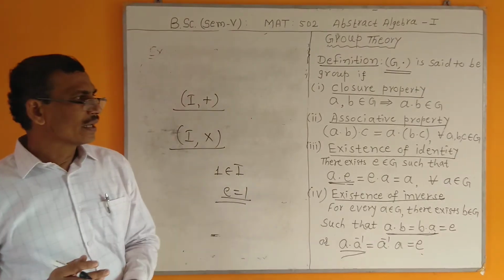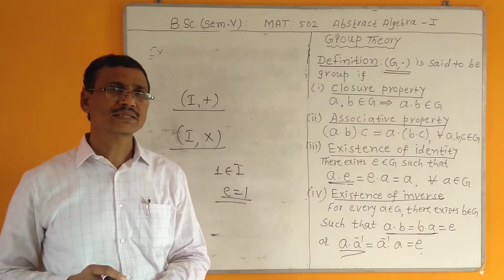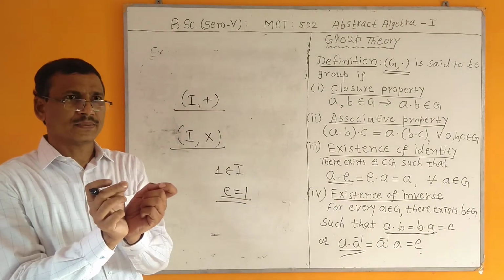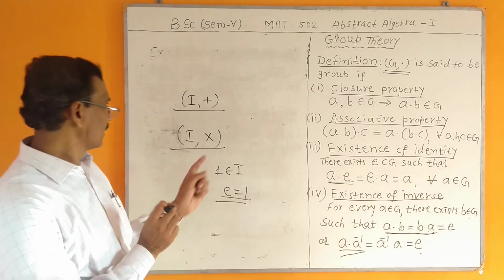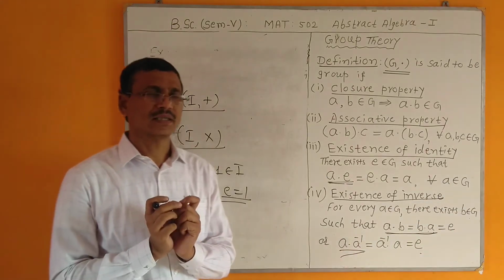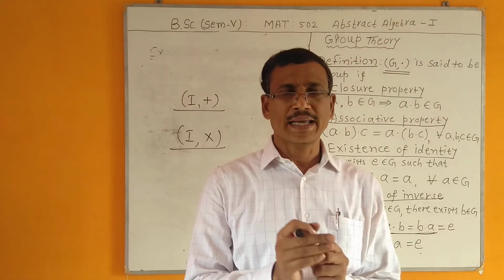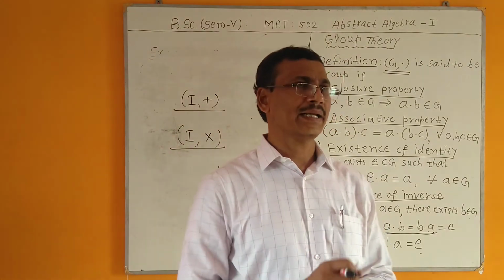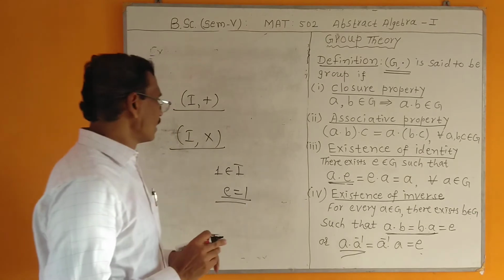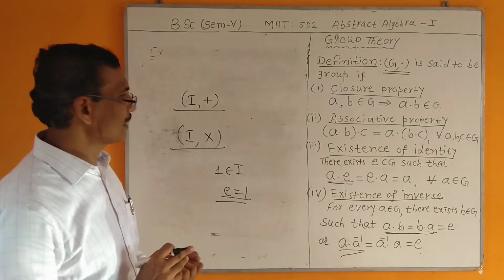What about the inverse element? Inverse means the product of two elements, in this case multiplication, is equal to the identity element E. Now, is it possible here?